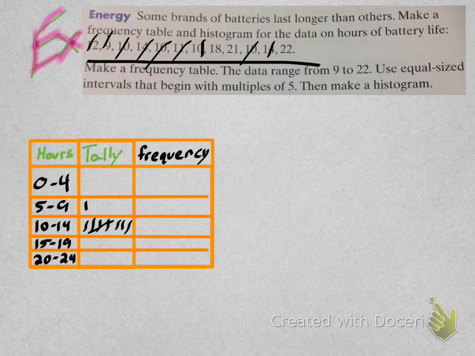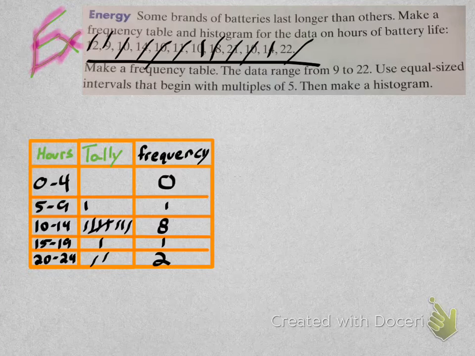And then 15 to 19, 1. And then 21 and 22 will be down here. So the frequency is how many tallies you have. So here we have 0. We have 1, 8, 1, and 2. So a frequency table helps you gather the data.